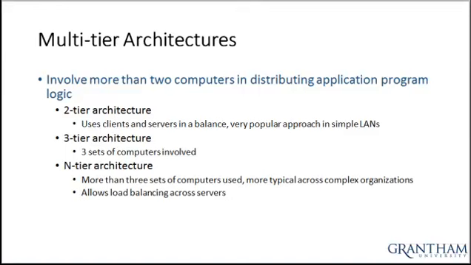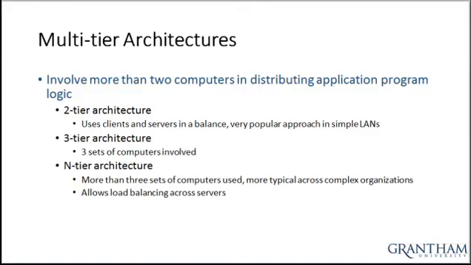So with the three-tier architecture, the functions are spread across these three sets of computers. And n-tier architecture is simply to say you will now have more than three. It could be 4, 5, 6, depending on how the setup is actually made.